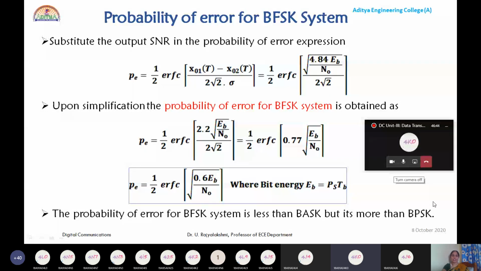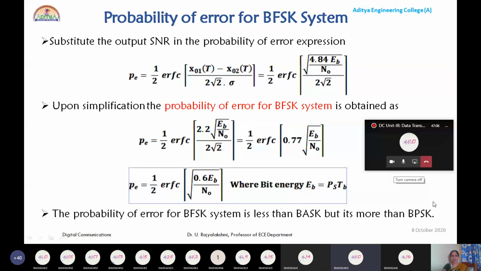Okay. And how much did you obtain for BFSK? Half ERFC of square root of 0.6 EB by N naught. What can you conclude? Which probability of error is higher and which one is low? We have calculated the probability of error for 3 systems.